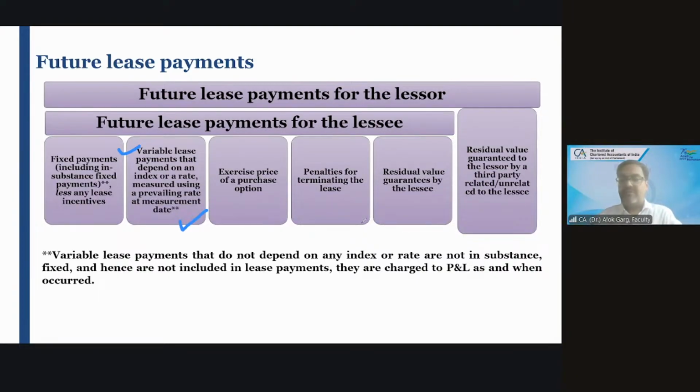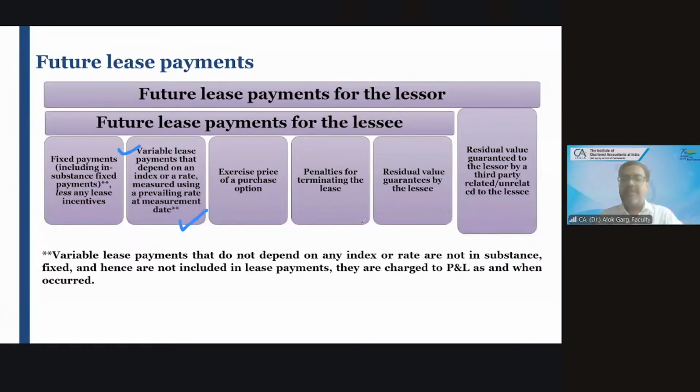Whatever turnover you incur, 5% of the turnover you have to pay me as rent. If in the next year 10 lakh rupee is the turnover, then 5% of 10 lakh is 50,000. If the turnover is 1 crore, then 5% is 5 lakh. If in the third year there is zero turnover, then 5% of zero is zero.